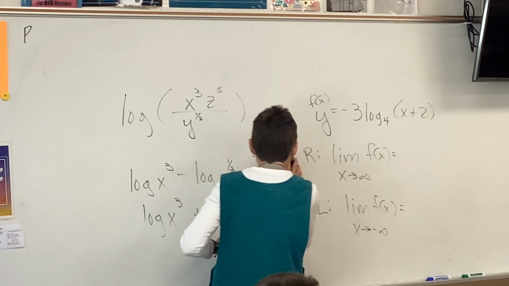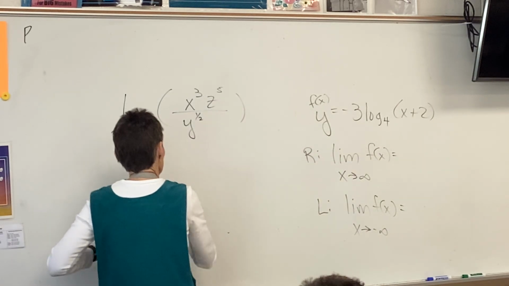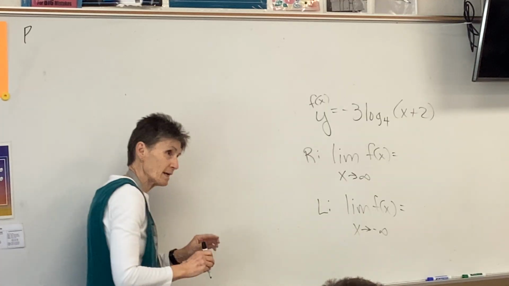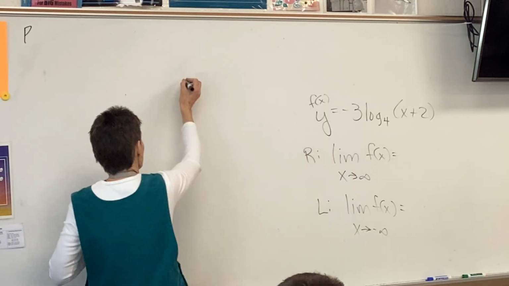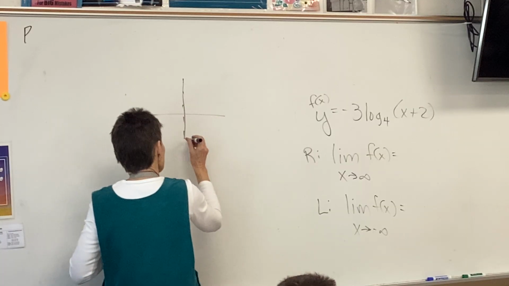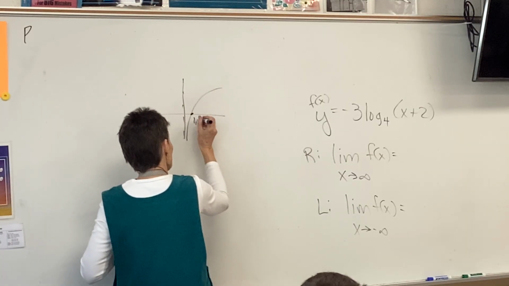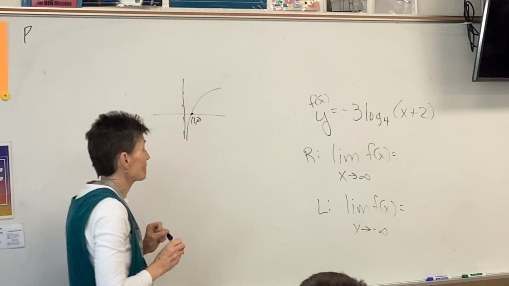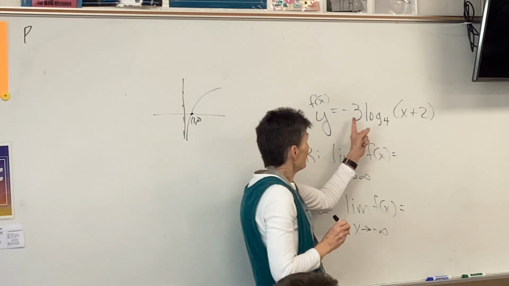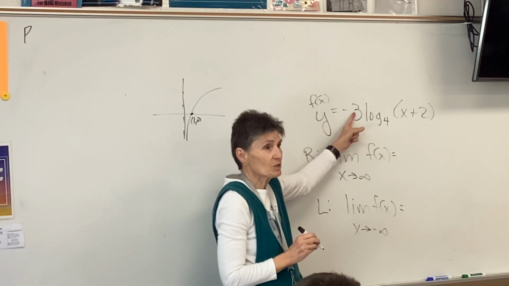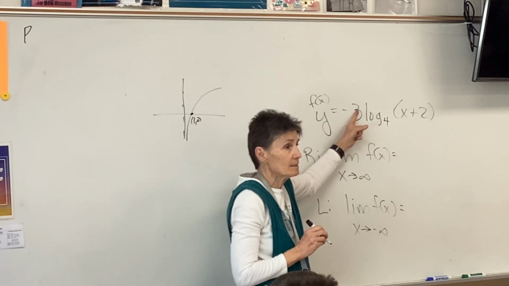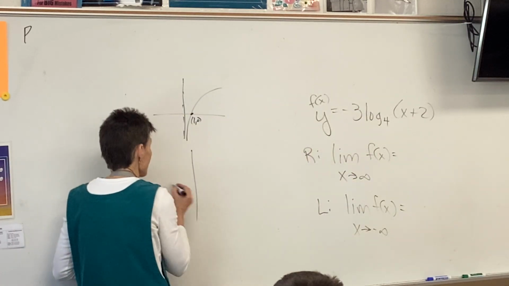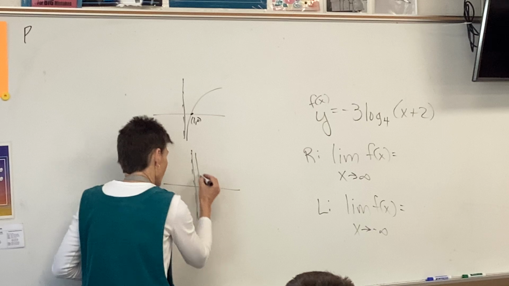Again, I can't do this without a picture, so I'm gonna draw a quick sketch. And someday you'll be old like me, and you have these things to remind yourself. I remind myself that this is my standard logarithm. That's what it looks like. Putting a negative coefficient in front of anything does what? Turns it upside down. So this guy's gonna look like this.